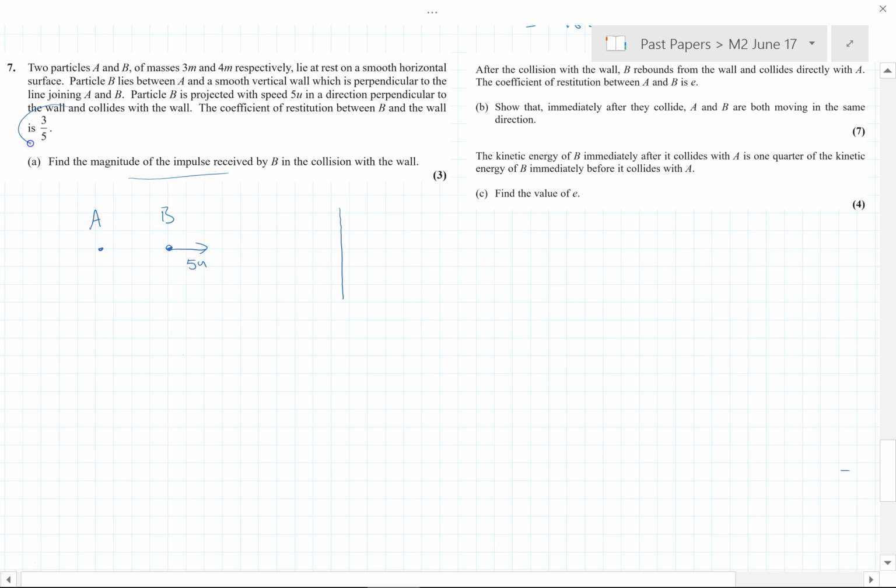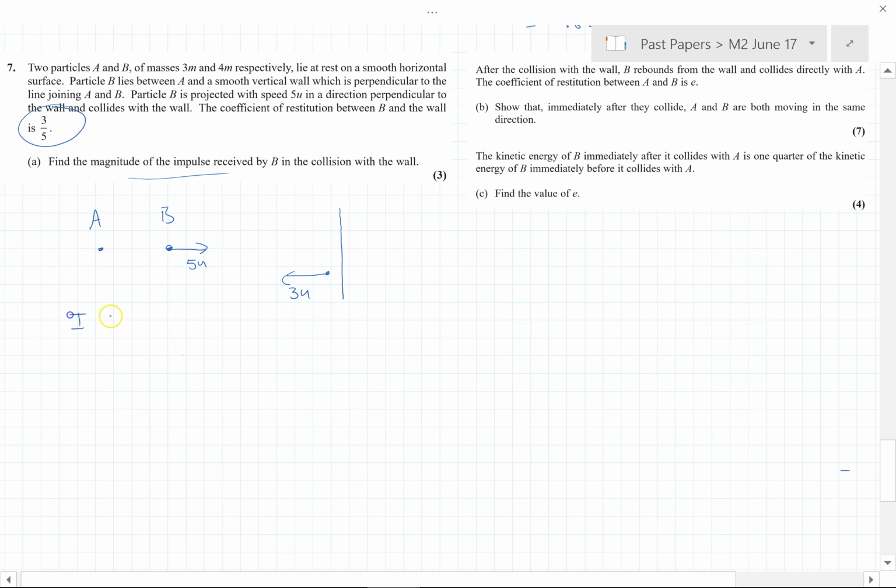And because the coefficient of restitution is 3 over 5, 3 over 5 times 5u is obviously equal to 3u, so it's coming back with speed 3u.